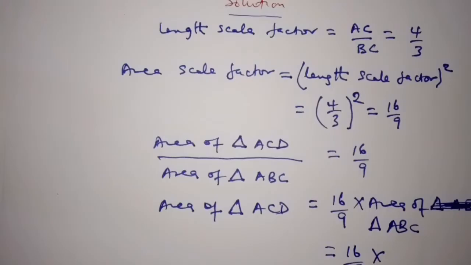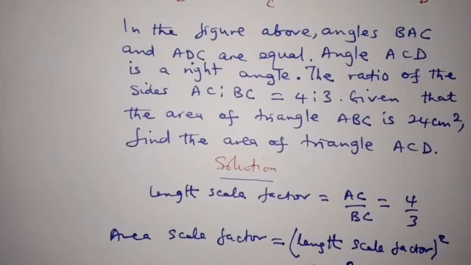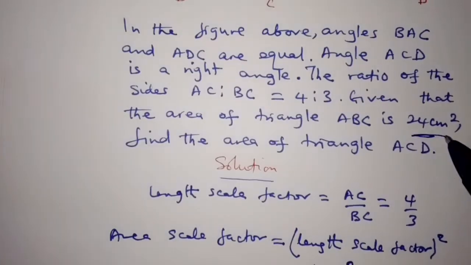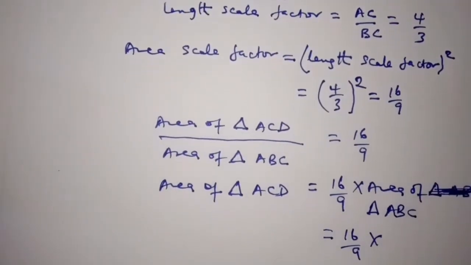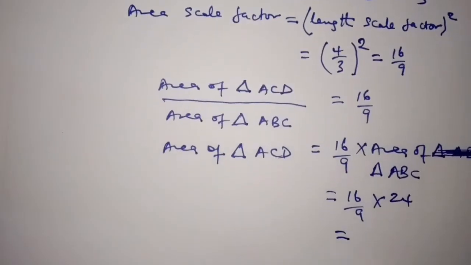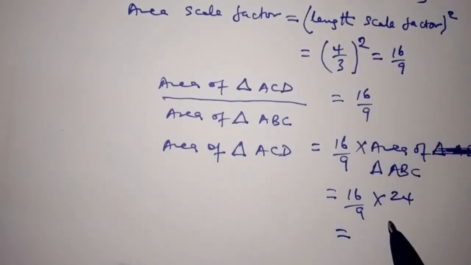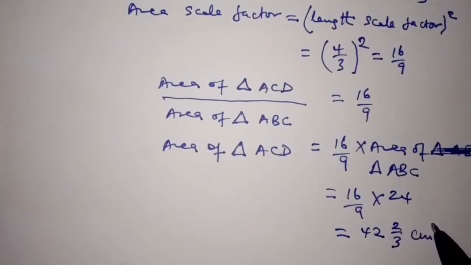Here we have been given the area of triangle ABC to be 24 centimeters squared. So we multiply by 24: 16 over 9 times 24 gives us 42 and 2 over 3 centimeters squared.